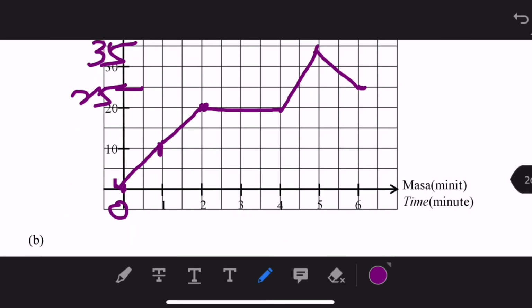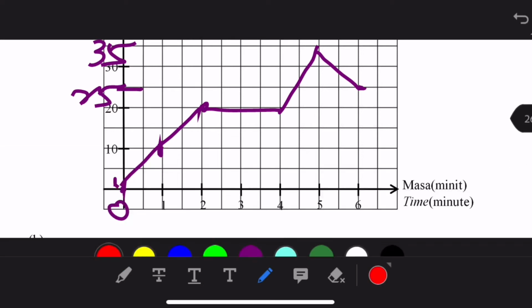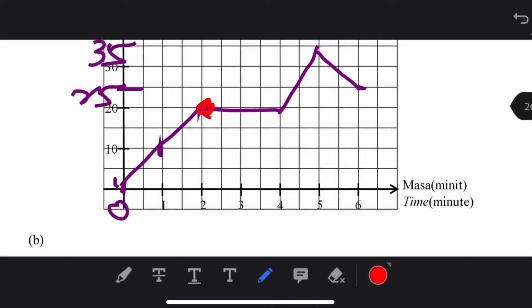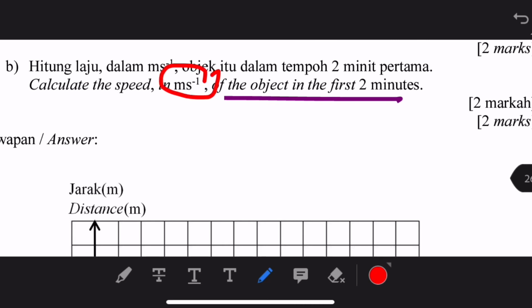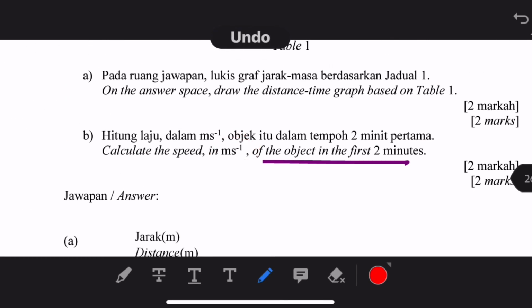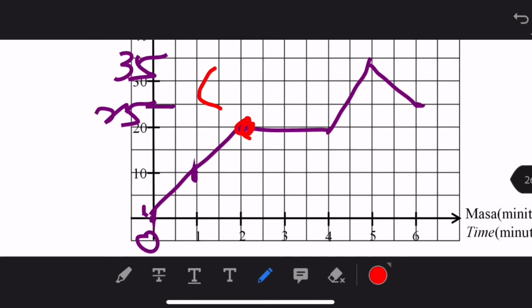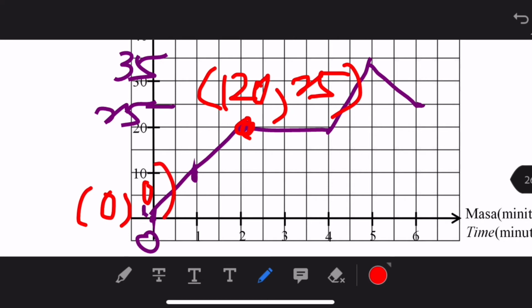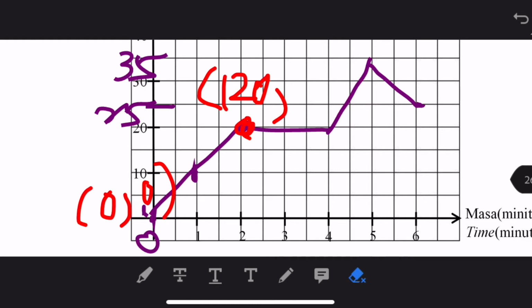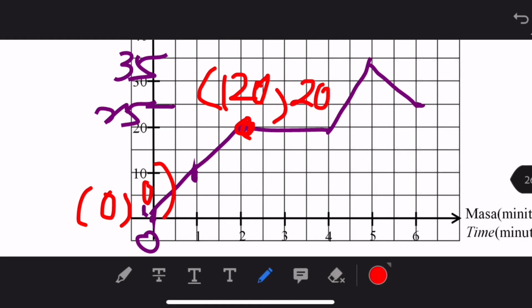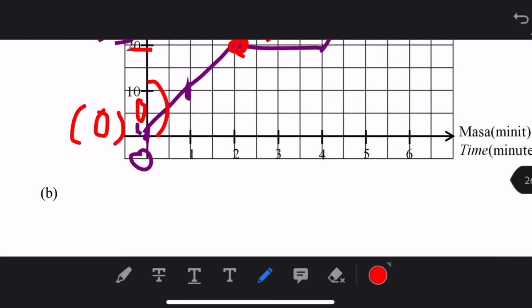So let's write, 2 minutes is here. The speed, let's see the unit, is meters per second. So we have to convert 2 minutes, I'm going to use the gradient. 2 minutes is 120 seconds. Distance is 20, this point is at 20.